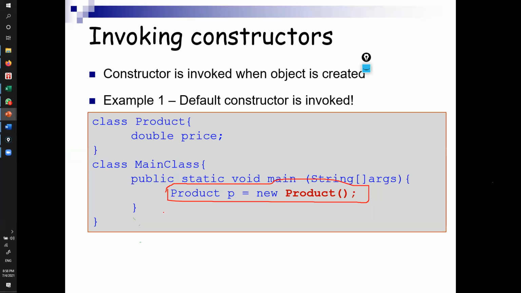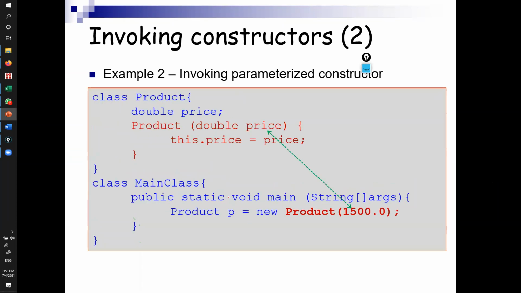So this is the syntax. So anything you do from P, if it is anything from this class, because this class will be referenced as P here. So anything you can do from here. So invoking a constructor with some parameters.